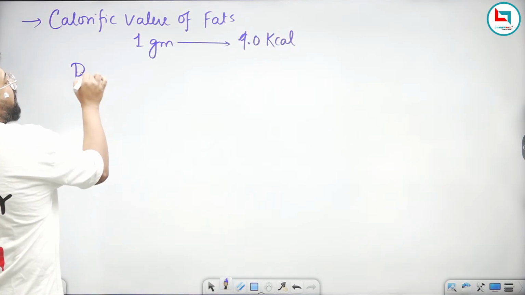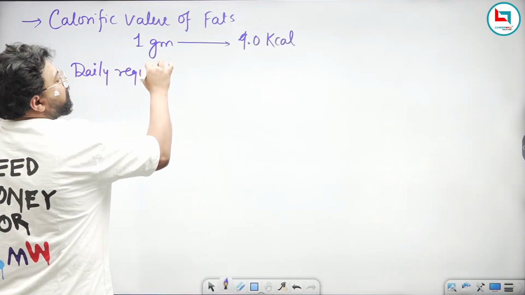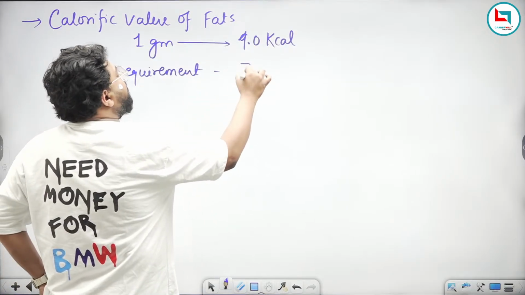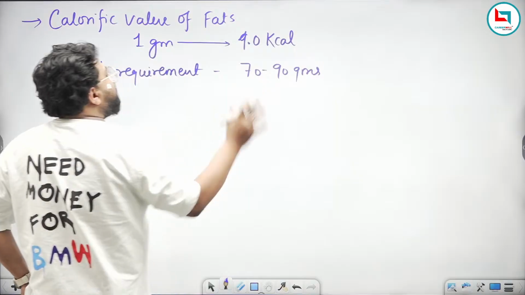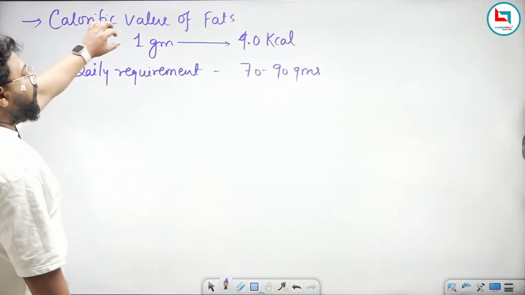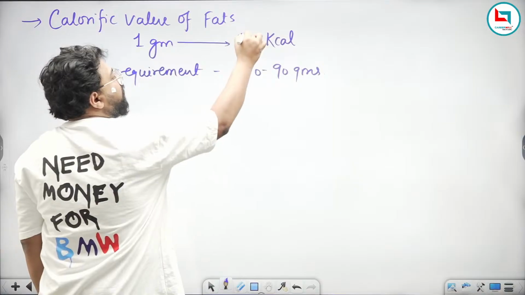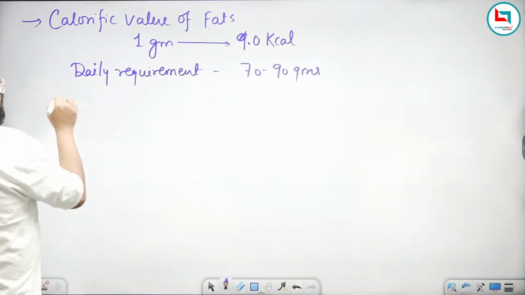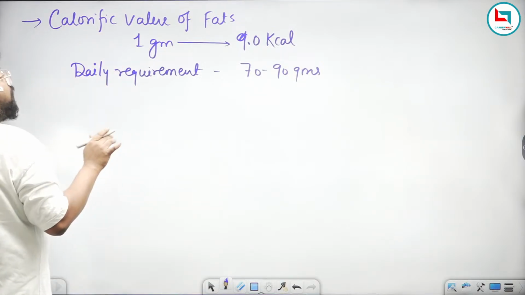The daily requirement of fat is 70 to 90 grams. So out of this 70 to 90 grams, when our body uses 1 gram of fat, it yields 9.0 kilocalorie energy, and this energy is highest of any type of food component.